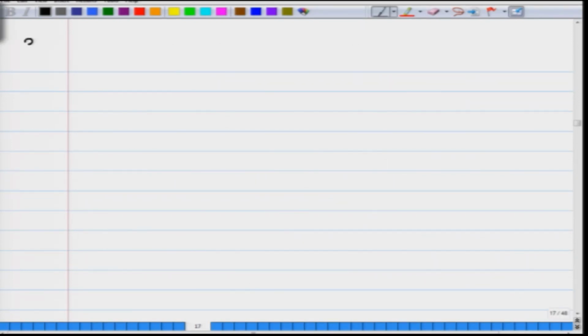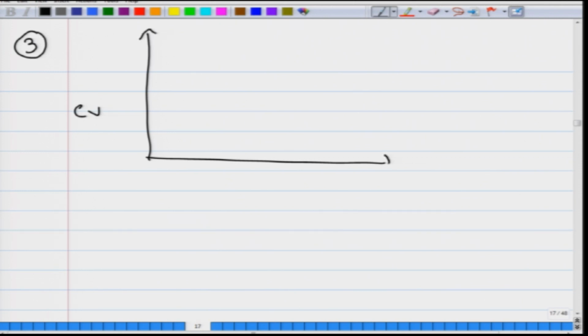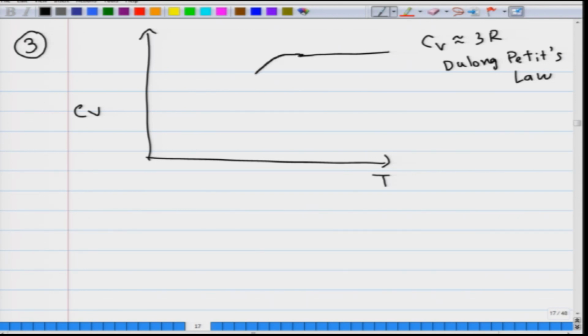Moving to the next problem, question number 3: sketch the behavior of the specific heat of a pure 3D metal as a function of temperature. So, this is Cv versus T. At higher temperature, we know Cv is 3R, according to Dulong-Petit's law. Then, due to lattice vibration, Cv is proportional to T cube, and this is due to the lattice part.